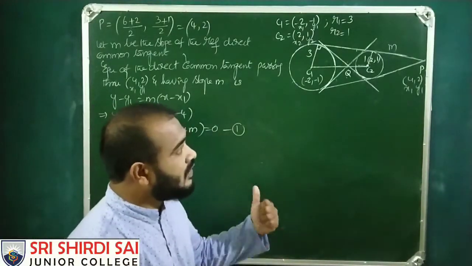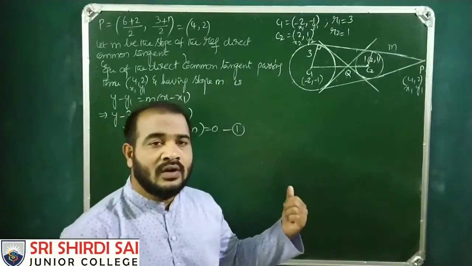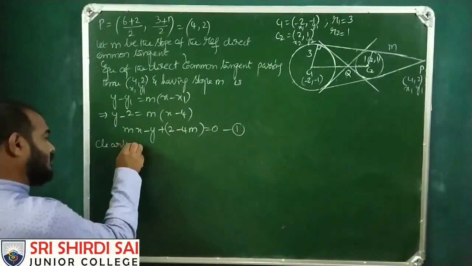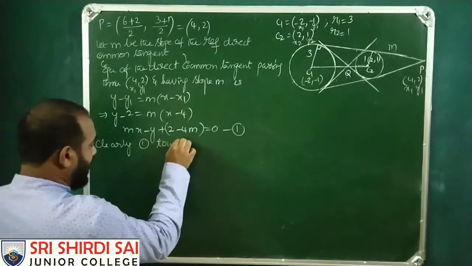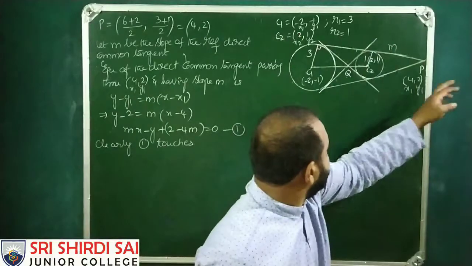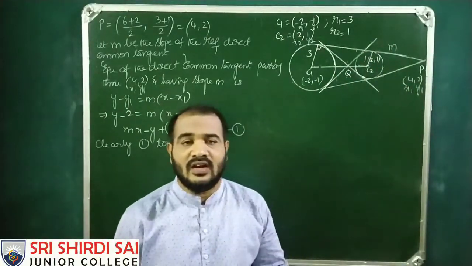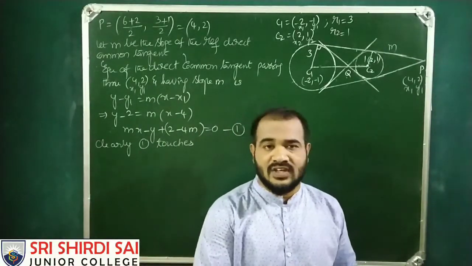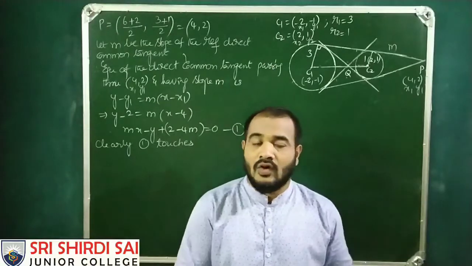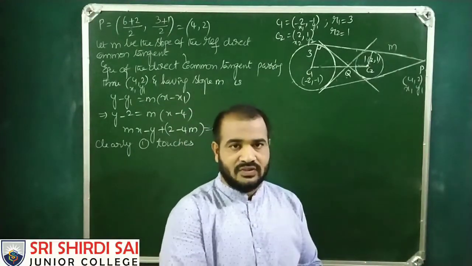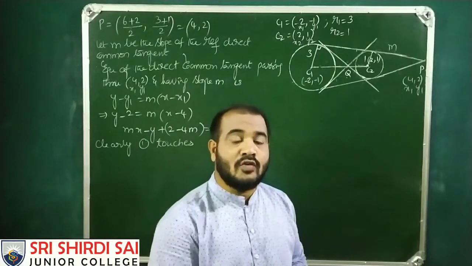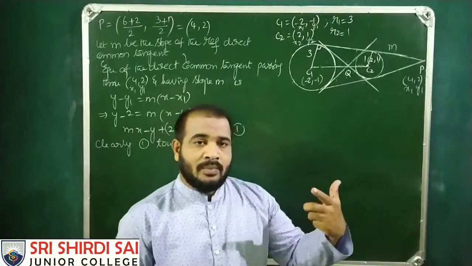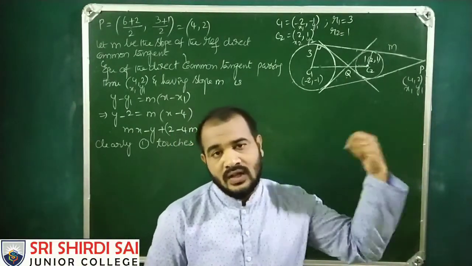What is this equation 1? It is the equation of a direct common tangent. So clearly, 1 touches both the circles. Whenever a line and a circle touch each other, the condition for tangency is r equals d. The radius of the circle we are taking into consideration equals the perpendicular distance from its center to the line.